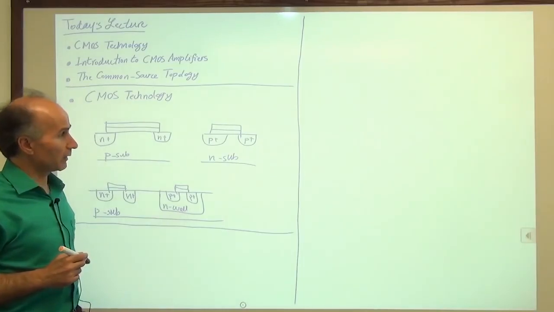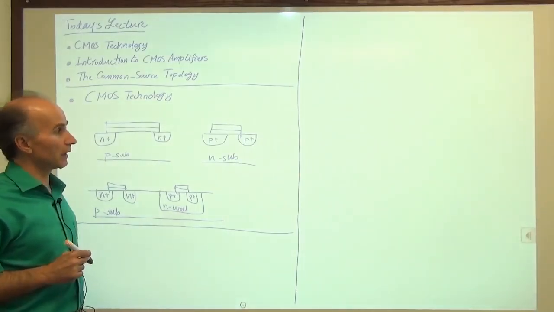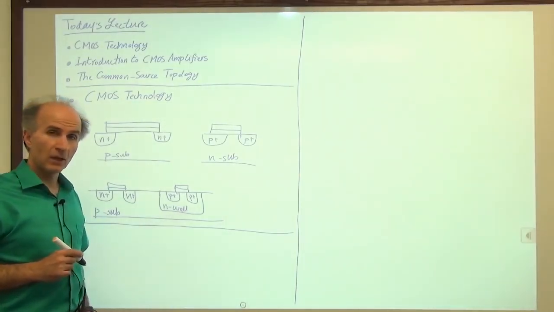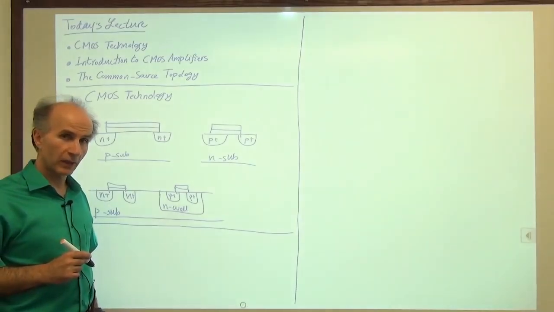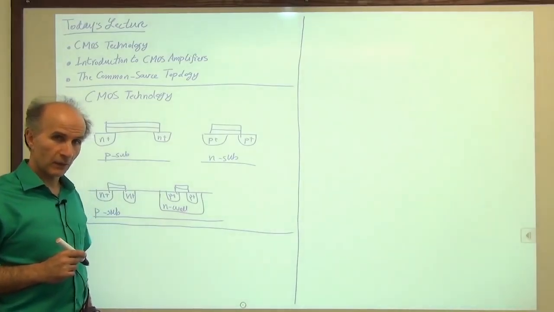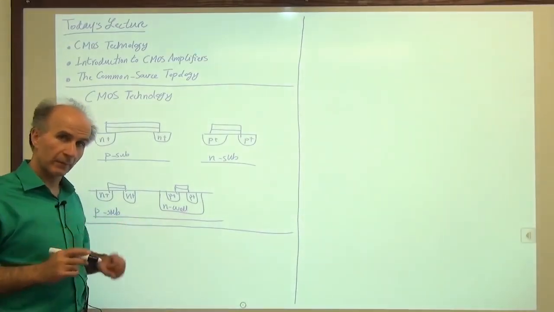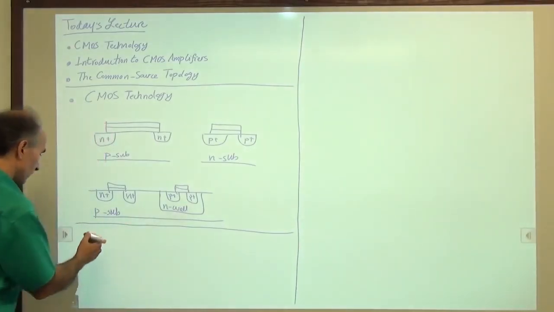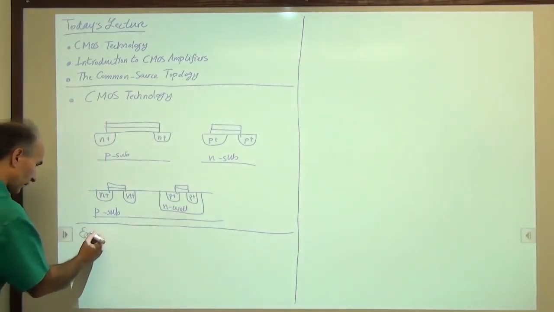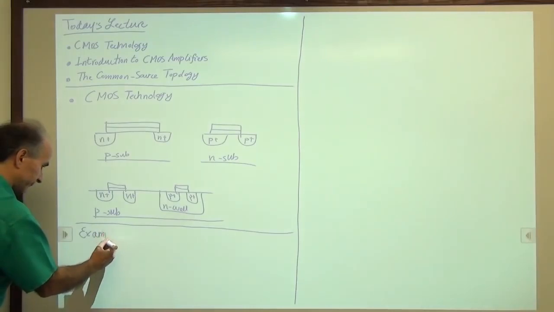All right, before going further, I wanted to have a quick exercise on the regions of operation of NMOS and PMOS so that some of these ideas are hammered in better. So let's go over a quick example here.